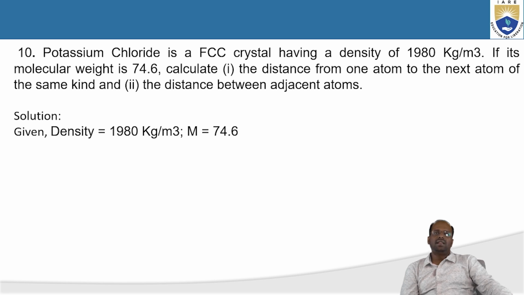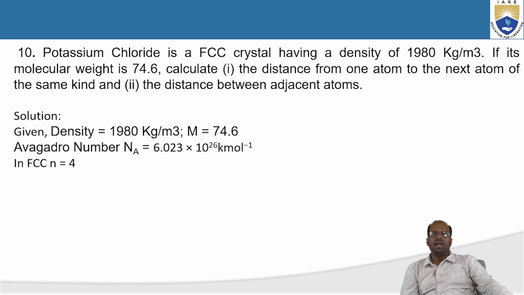So what is the data they are given? Density rho is equal to 1980 kg per meter cube, molecular weight is 74.6, and Avogadro number is 6.023 into 10 to the power of 26 per kilomole.